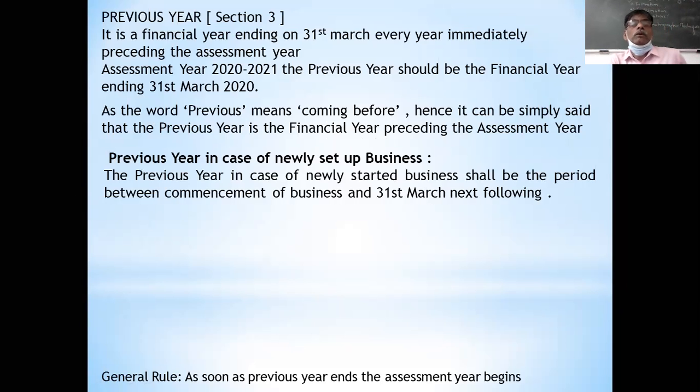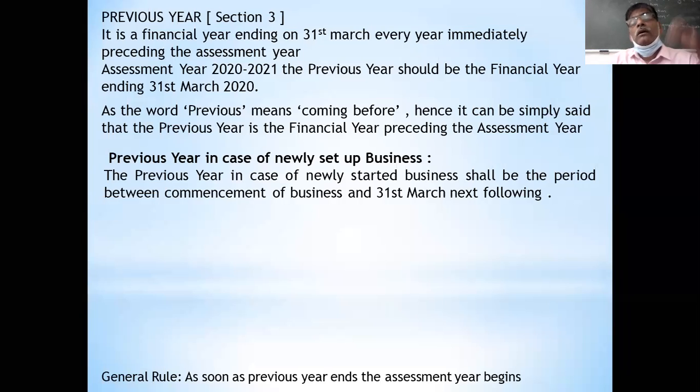Okay. So what is the previous year in case of a newly set up business? The previous year in case of a newly started business shall be the period between the commencement of the business and 31st March of the following year.